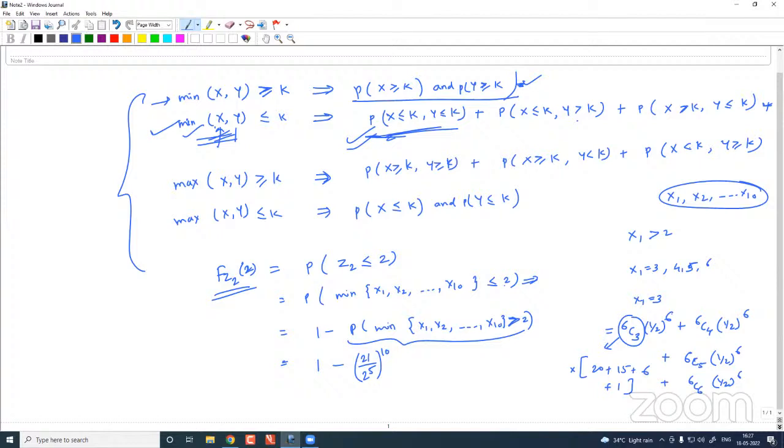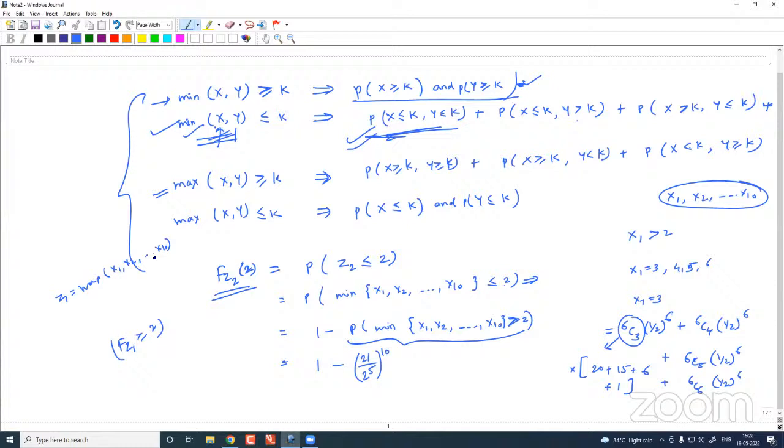Sir, in the case of maximum, why are we not doing this 1 minus method? Only in the case of minimum we do this. It depends on the problem; you can do that also. Suppose z1 is a max function, and you wanted to say z1 is greater than 2, where z1 is the max of x1, x2 to x10.